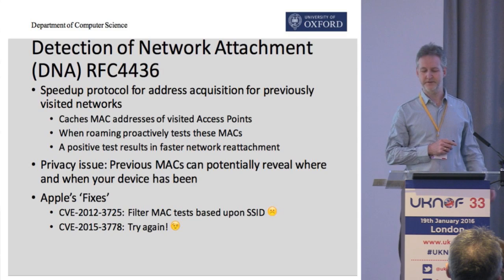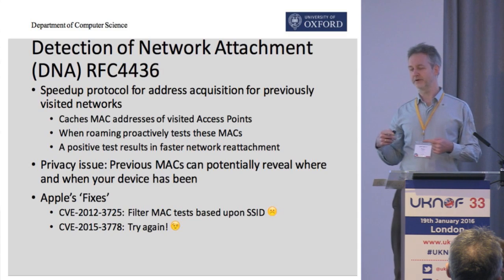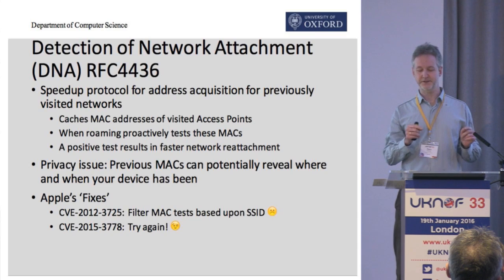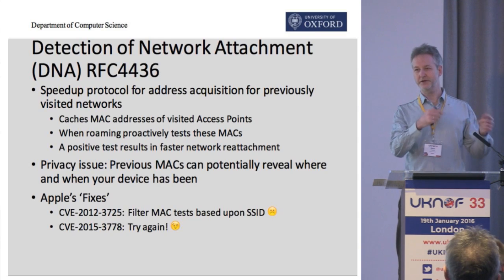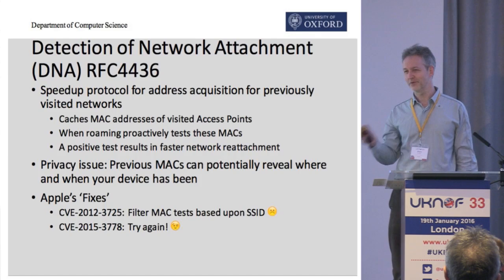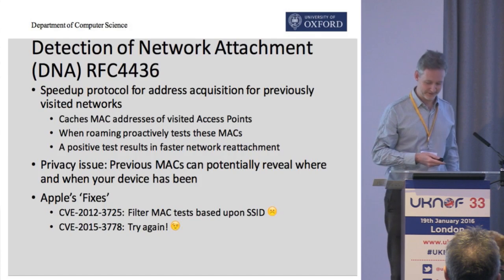So they said they were going to filter these tests based on the SSID. So when you come back to the same SSID, you'd just try the same MAC, and you wouldn't be spilling the beans from one network to another.